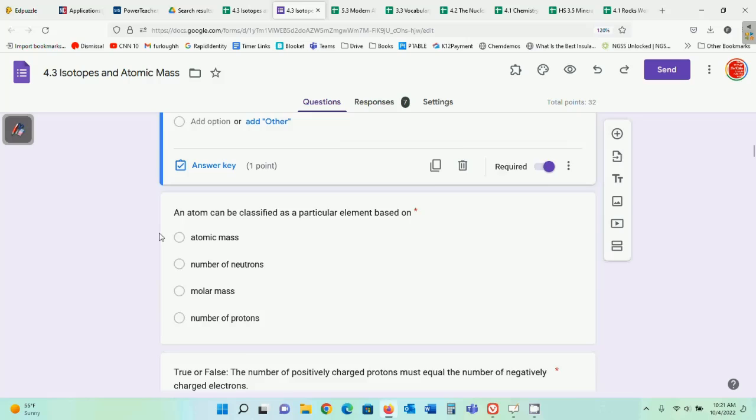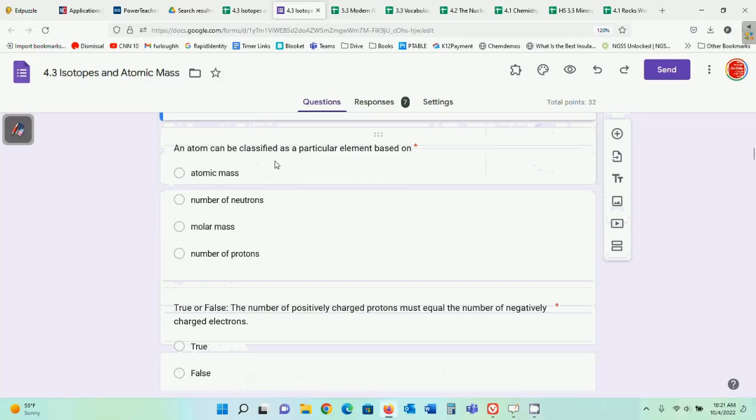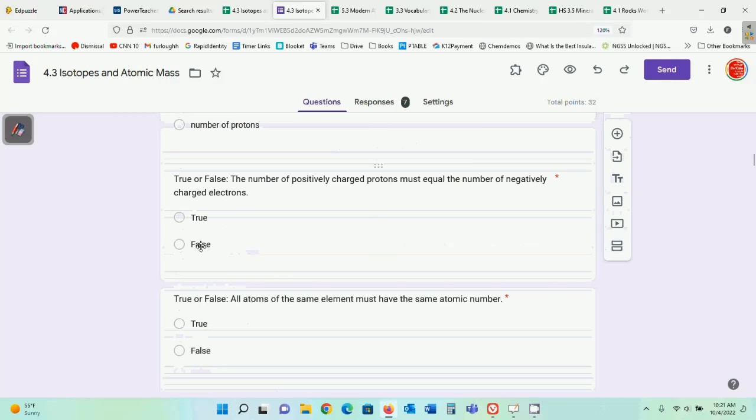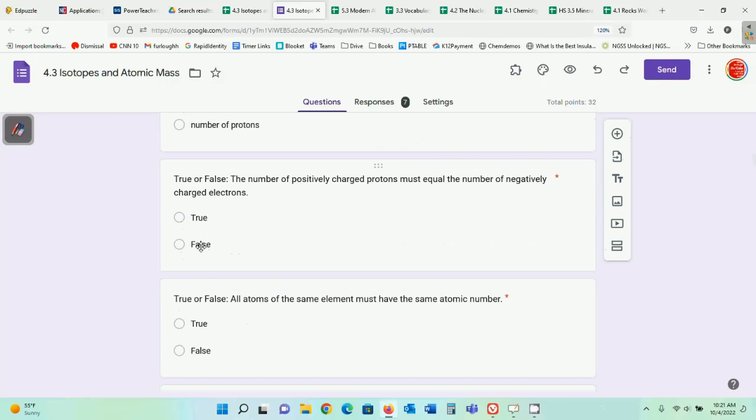That's the definition. Atoms can be classified as a particular element based on the number of protons. And again, the number of protons is the atomic number. Okay, so if you know the atomic number, you know how many protons are in the nucleus, but you also know which element it is.